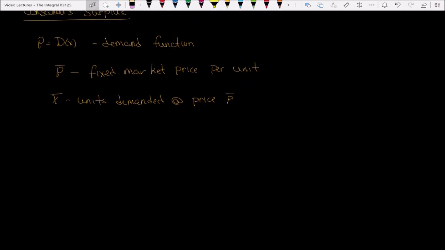So the interval we're looking at is 0 to X bar. So we divide that interval into n subintervals of equal length.